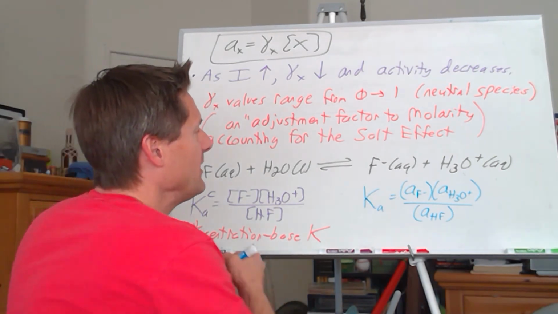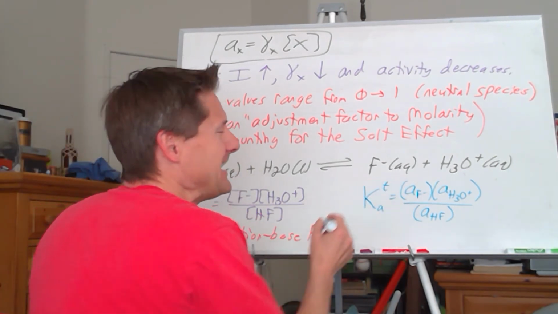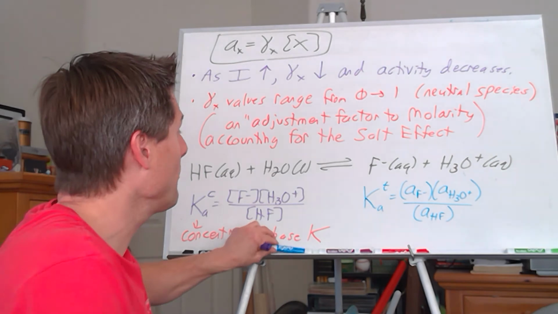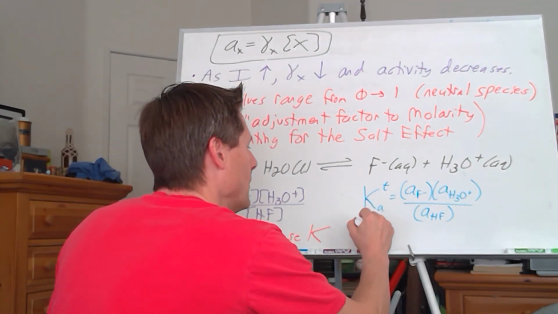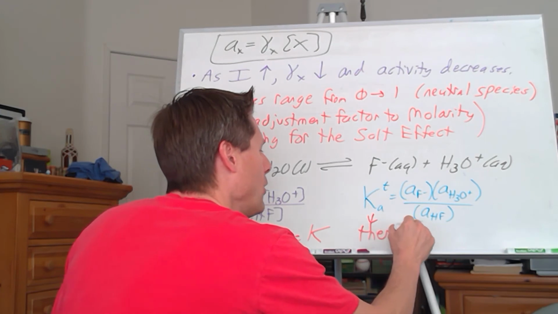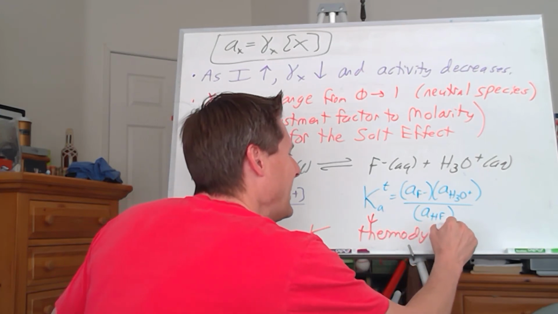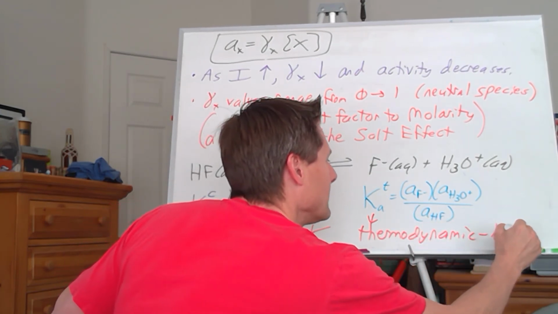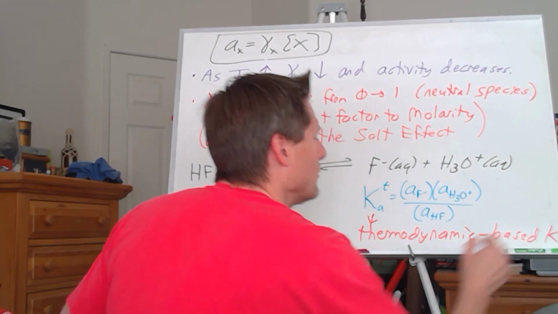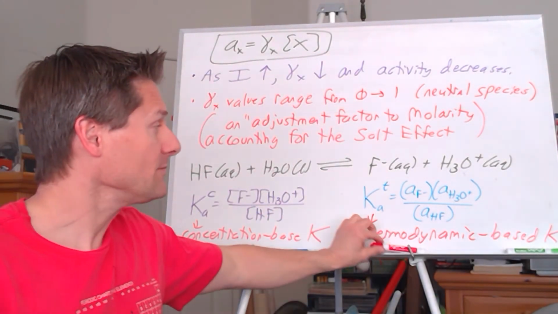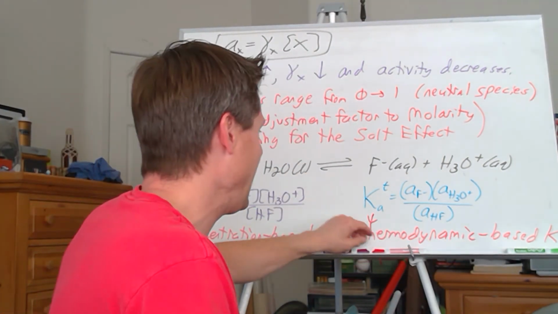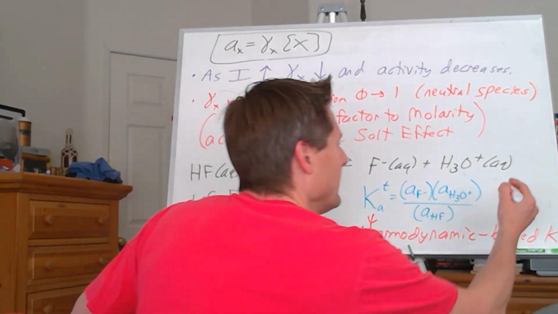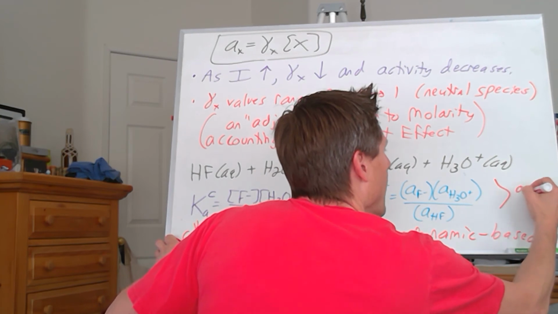If we use activities, we use T for thermodynamic. So this is the thermodynamic-based equilibrium constant. Those are the values listed in the appendix, in the tables.